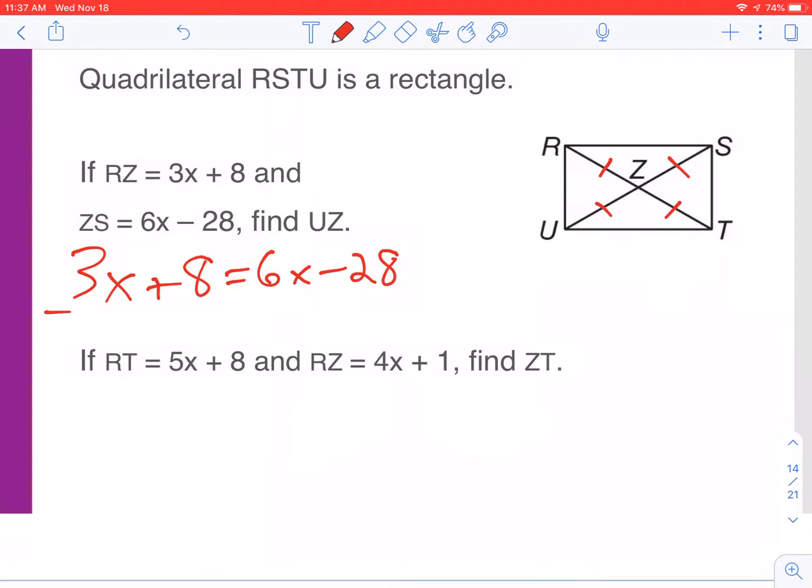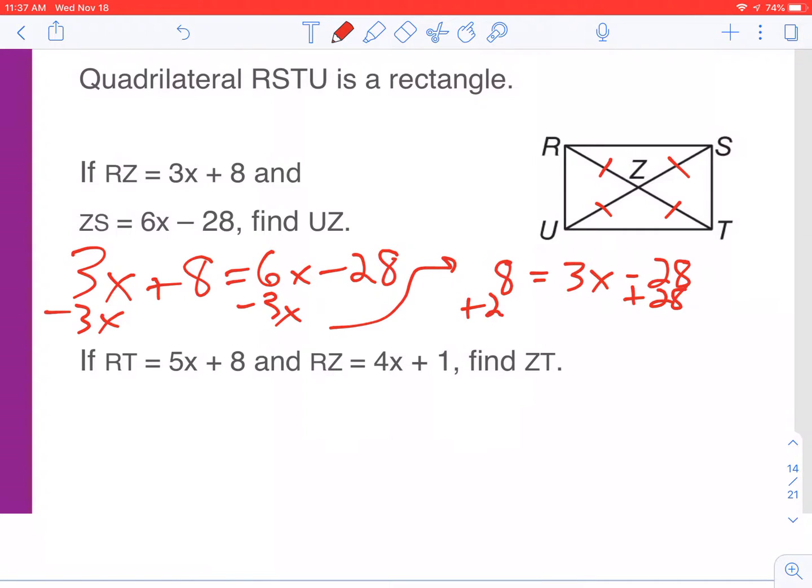Okay, so if I minus 3x, I'm going to continue writing over here. 8 equals 3x minus 28 plus 28 plus 28. 36 equals 3x. Divide by 3. X equals 12.